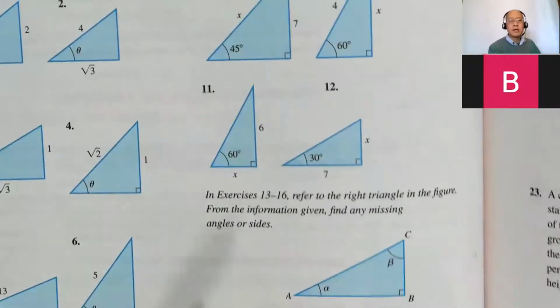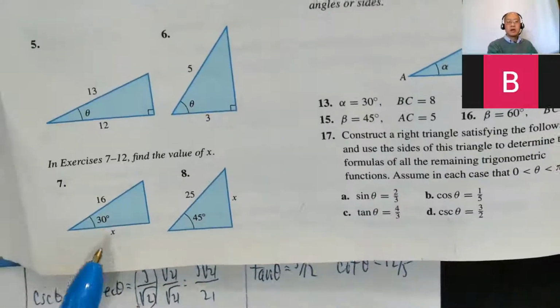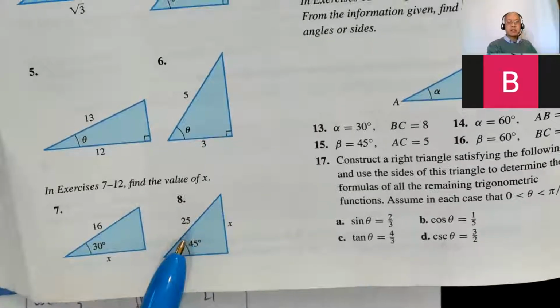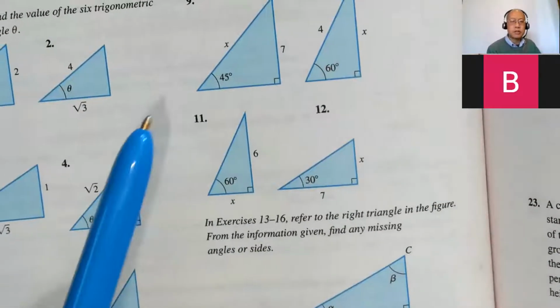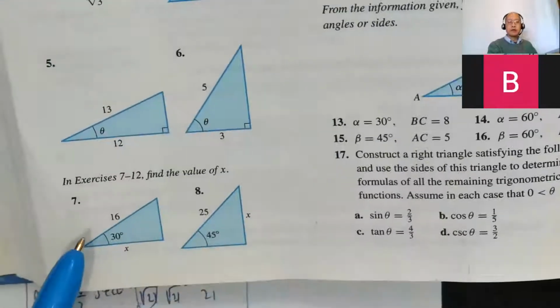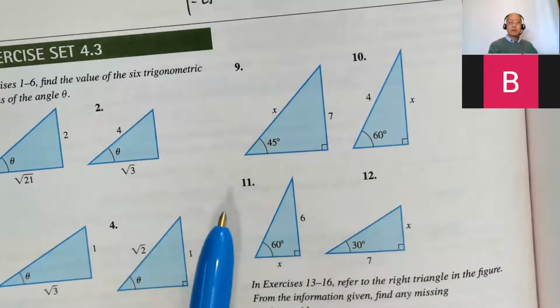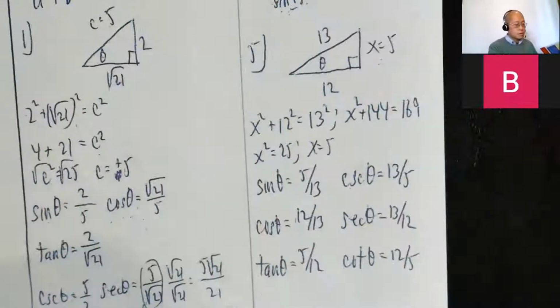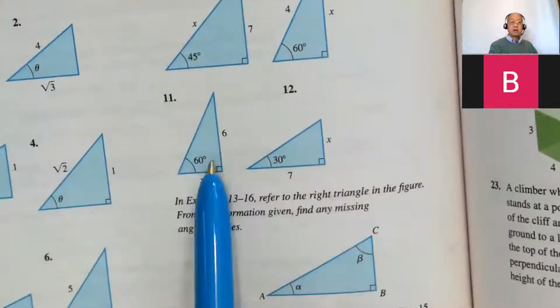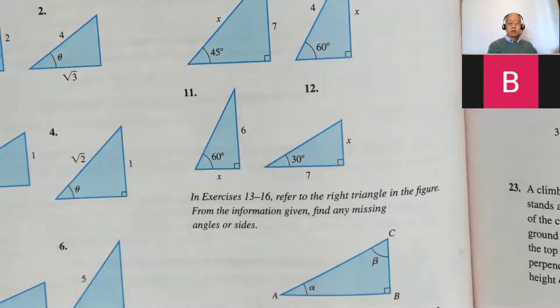Okay, number 11. Find the value of x. So use your trig functions. I'll do 11. That should help you with 7 and 9. Okay, so let's see. Number 11, here's an x, 60 degrees, 6.